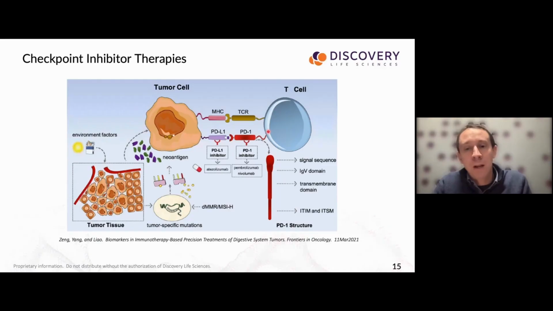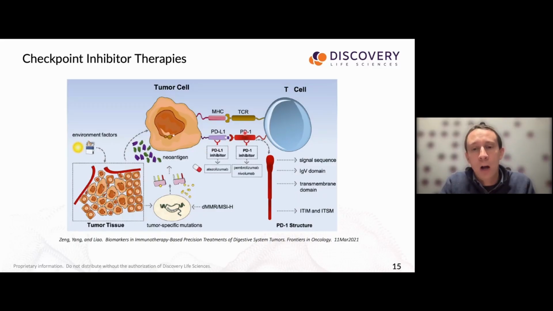One of the best studied of these is PD-1. PD-1, when it's engaged, actually turns a T cell off, such that even if it could recognize a target cell to kill, it becomes unresponsive. Within the tumor, there is expression of the ligand for PD-1, which is PD-L1. This can be expressed on tumor cells as well as other cells within the tumor microenvironment.